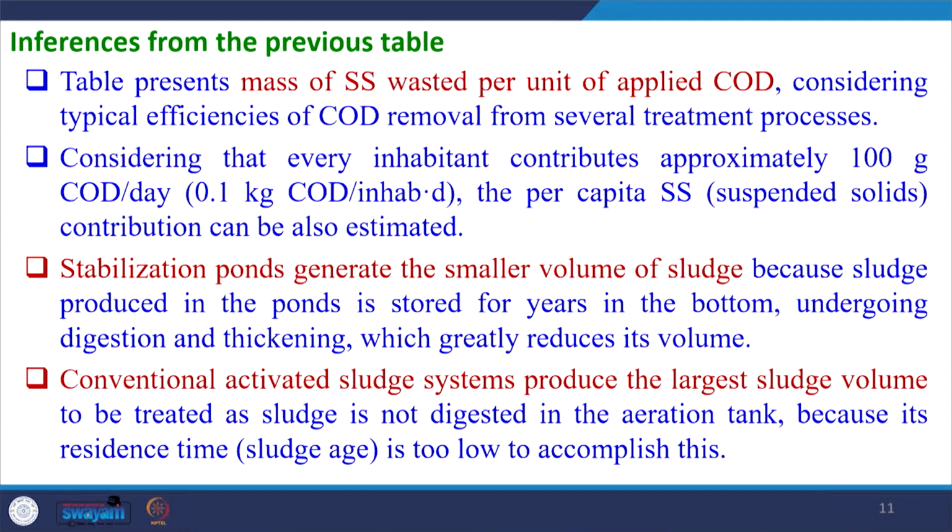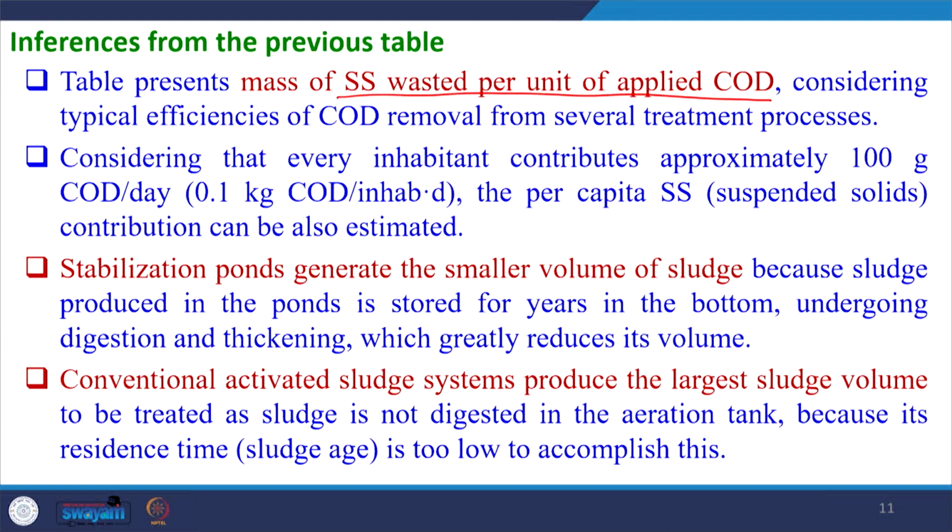So, the inferences which can be drawn from the previous table, we will try to summarize them. The table presents the mass of suspended solid wasted per unit applied COD, considering typical efficiencies of COD removal from several treatment plants.